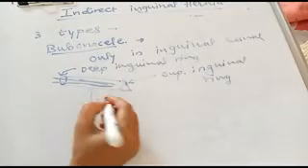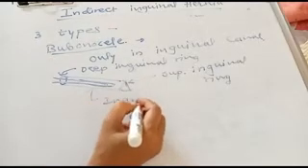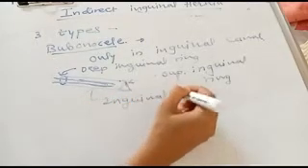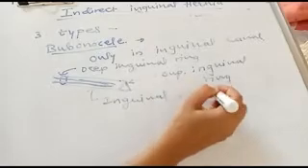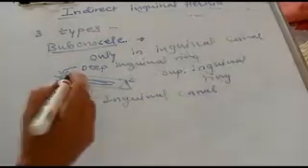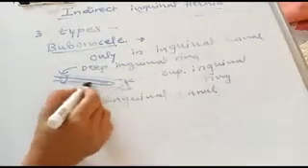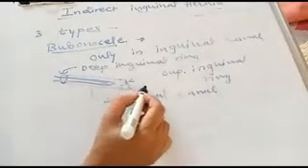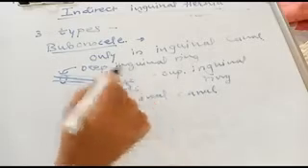This is the inguinal canal. So the content will remain only in the inguinal canal. They won't come out through the superficial inguinal ring. This is bubonocele. Okay, this is one of the types.